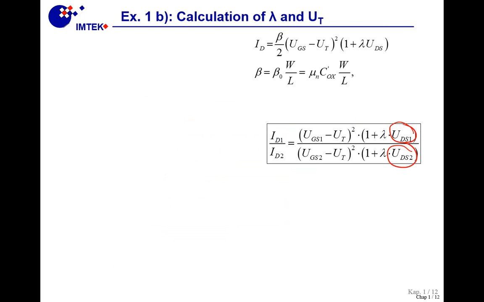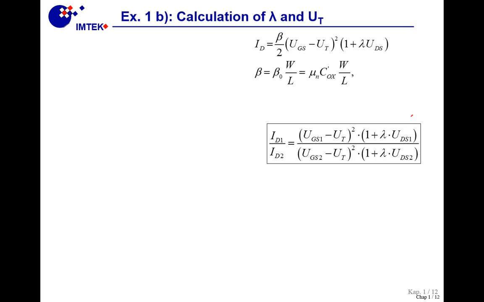So therefore, this term here can no longer be cancelled. However, I can assume one thing. Let's assume lambda is constant for different UGS. All right?